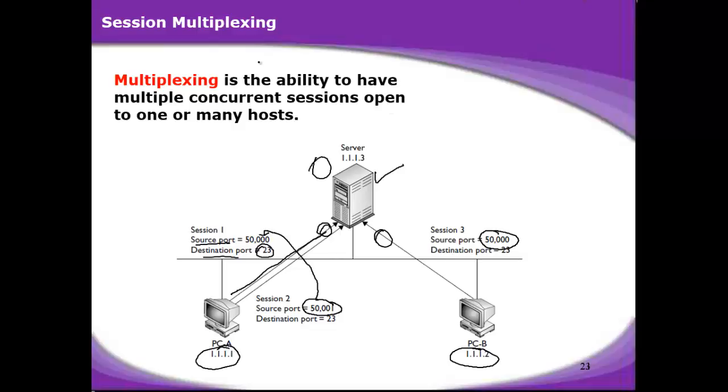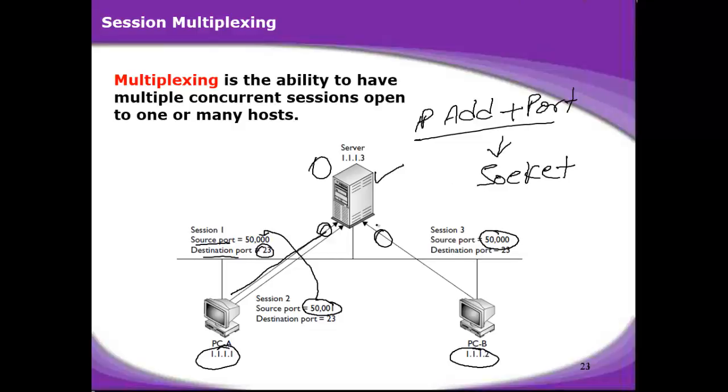So you can say that the transport layer multiplexes the different connections using the IP address plus port numbers, and this is something called a socket. So a socket is used to multiplex multiple connections, multiple sessions open to one server or many servers.